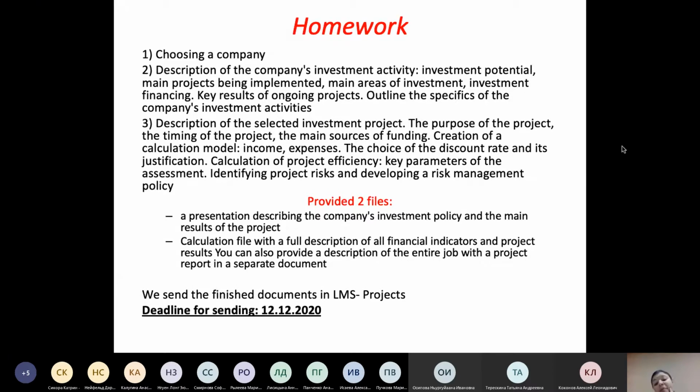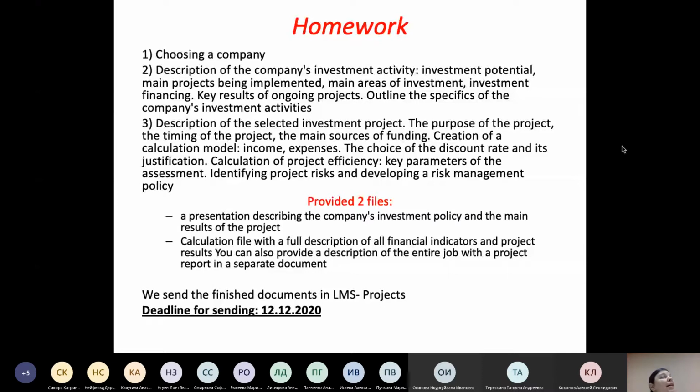Secondly, you'll prepare the definition of the investment policy of the company, or the description of the company's investment activity, such as investment potential, main projects in the company, main areas of investments, perhaps well-known projects in your chosen company, perhaps the main results achieved in the investment policy of your company.